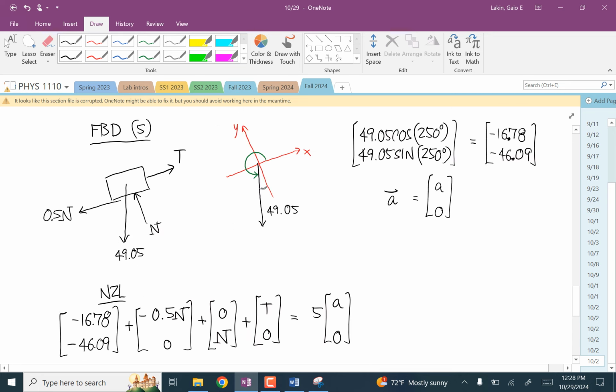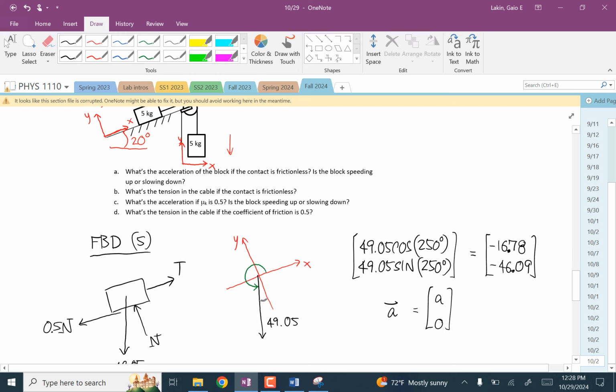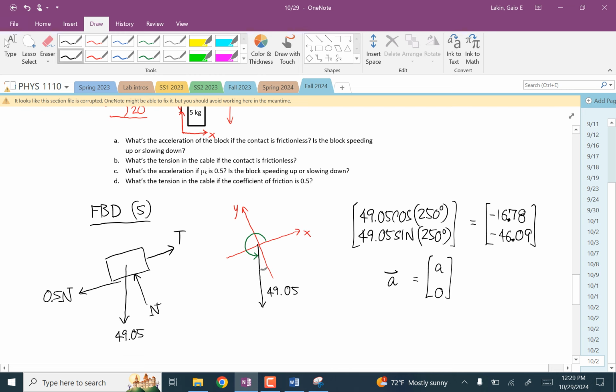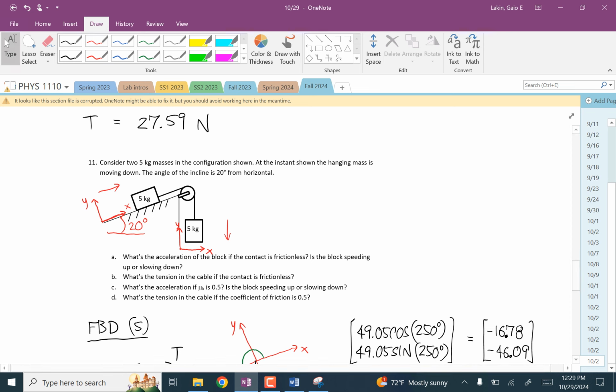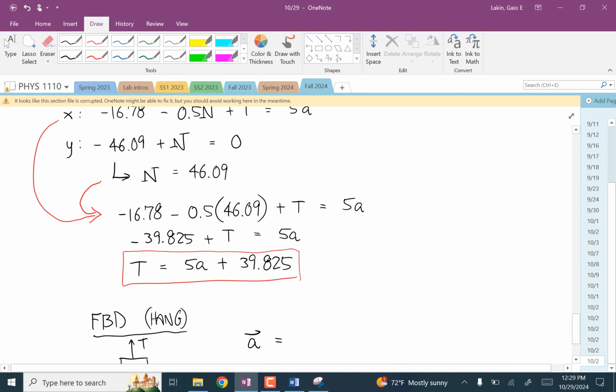Okay, well, if the sliding mass moves an inch in its positive direction, does the hanging mass move up or down? Yeah. Down. That's the negative y direction.